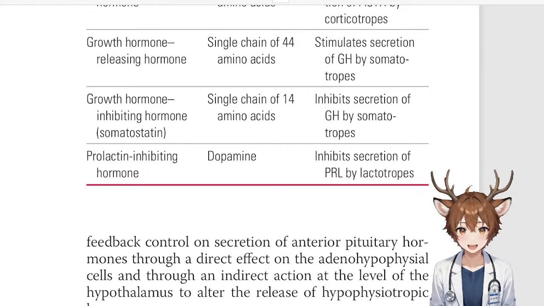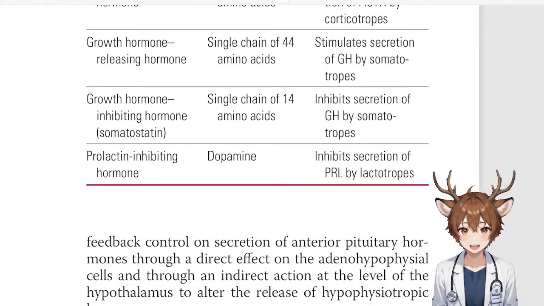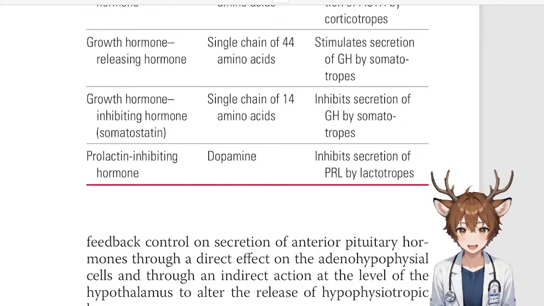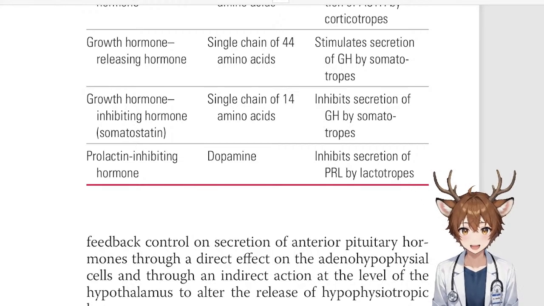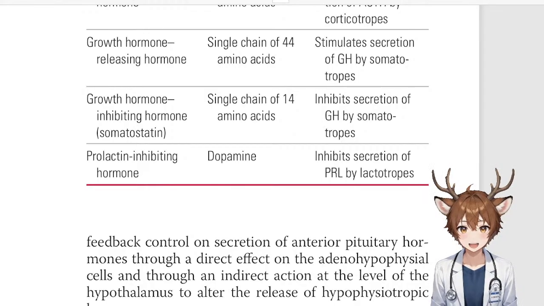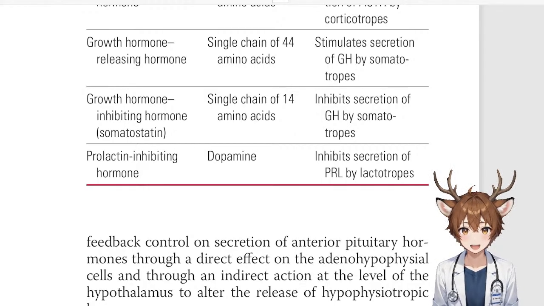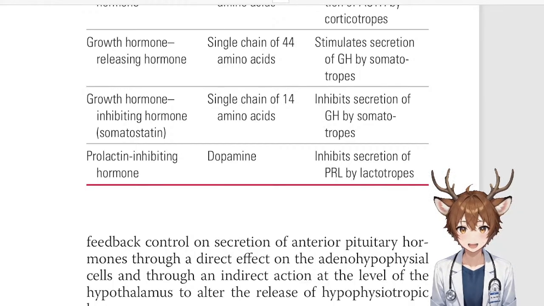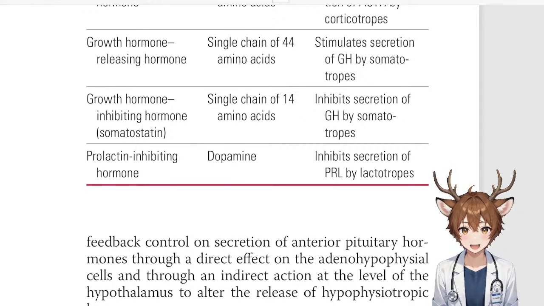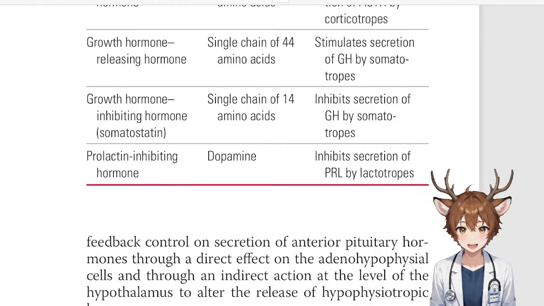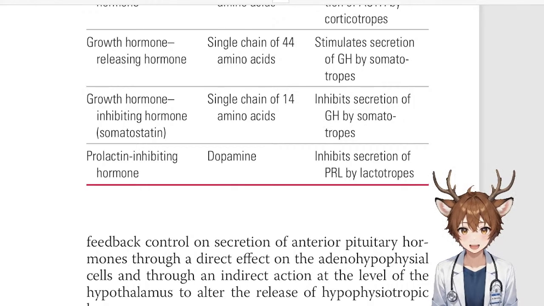There are other hormones coming from the hypothalamus that influence the production, secretion, or inhibition of other hormones that you might not necessarily expect, but it's not as relevant. Somatostatin and PIH, those are the two big ones. If you want to know which hypothalamic hormones are inhibitory, it's growth hormone inhibiting hormone, somatostatin, and also the prolactin inhibiting hormone, better known as dopamine.